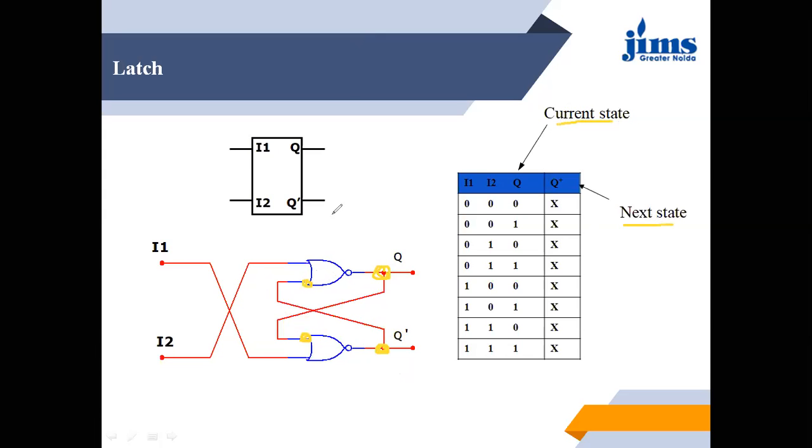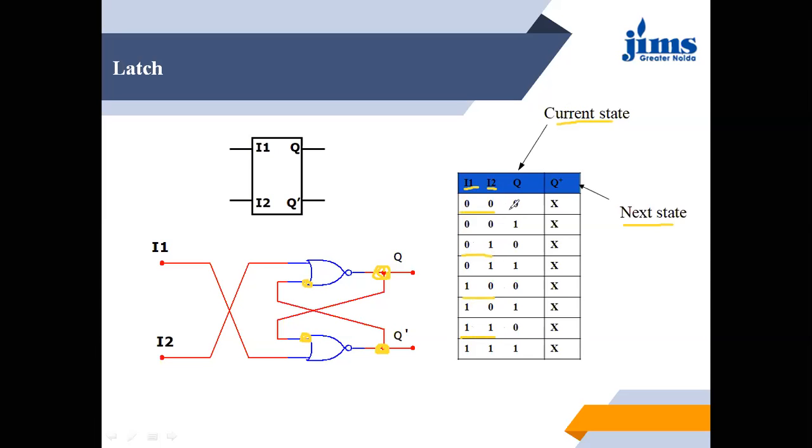We have two inputs I1 and I2. So there can be four combinations: 00, 01, 10 and 11. These are four different combinations.